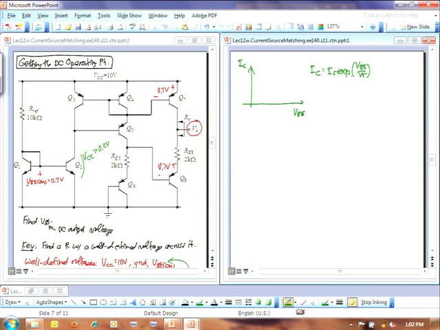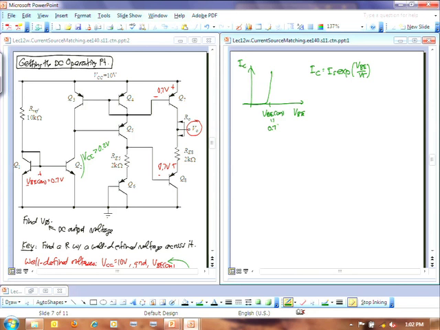So it's exponentially dependent, and when you hit VBE on, this thing just skyrockets. It looks like a diode pretty much, where that's your VBE on voltage, which is 0.7 volts.